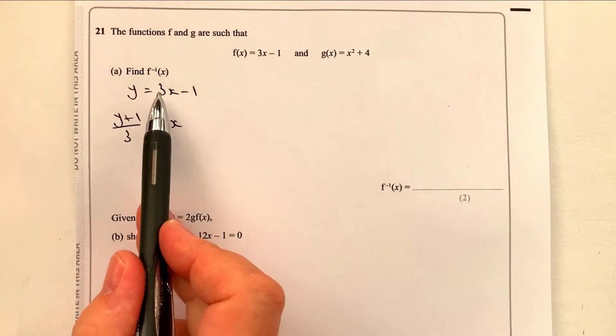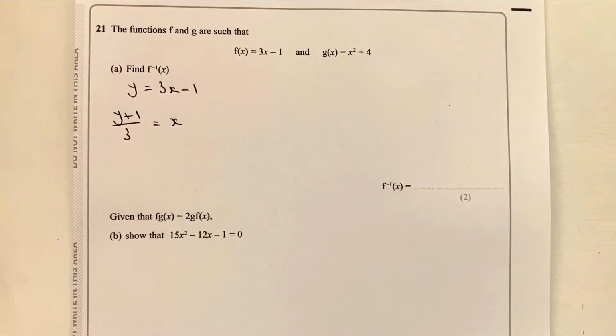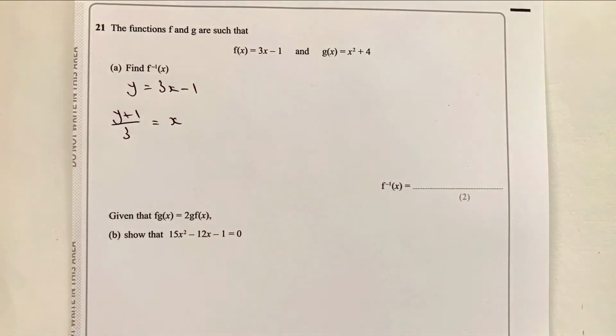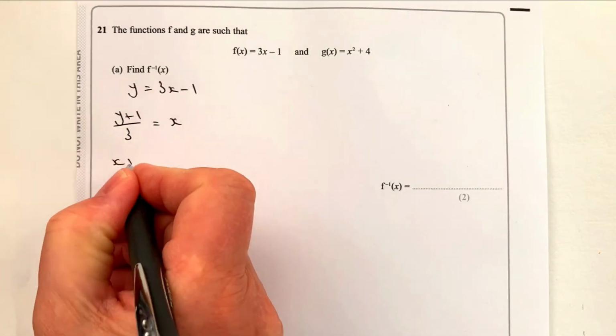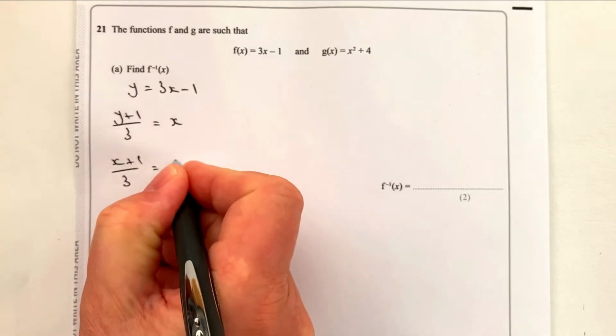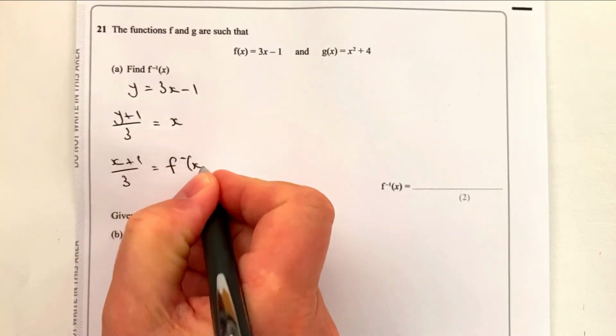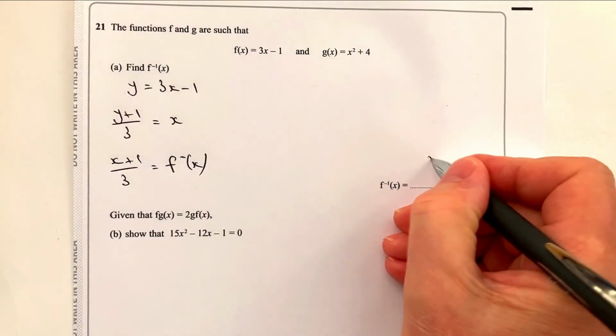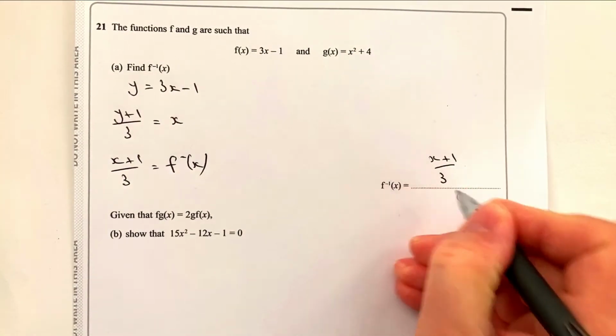Now, if you're not sure how I've gone from there to there, please do let me know. Okay, so now I've got x as being the subject of the formula. I'm actually going to now swap this back again, and I'm going to write it as x plus 1 over 3 equals the inverse function of x. And actually, that's the answer to the first question. So x plus 1 over 3.